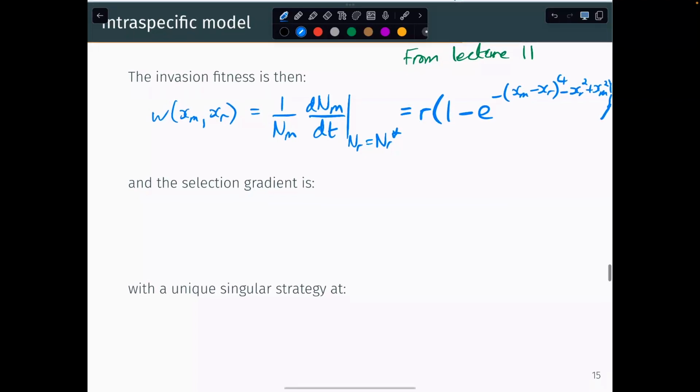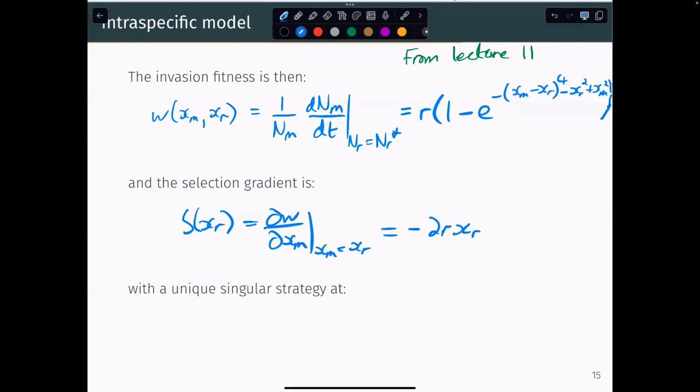We also showed that the selection gradient S of xr, which is the partial derivative of our invasion fitness with respect to xm, is equal to minus 2r xr. It's a lot simpler than our invasion fitness, because all of these xr's and xm's eventually cancel, since we're setting xm equal to xr.